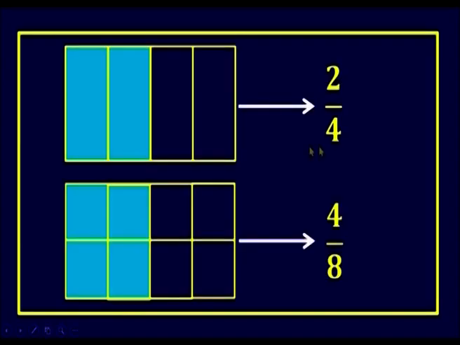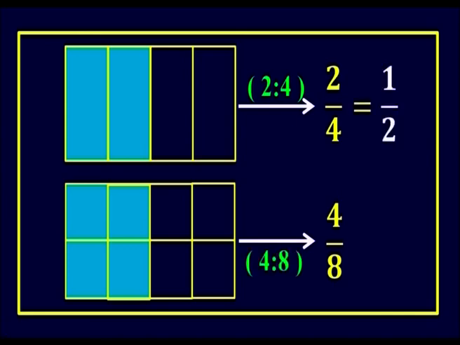So, children, now let us see what actually we have done in both examples. We have got 2 by 4 and 4 by 8. Now, this fraction 2 by 4 can be written as 2 is to 4, and what about 4 by 8, children? Yes, it is written as 4 is to 8.